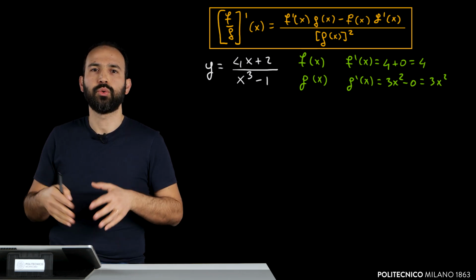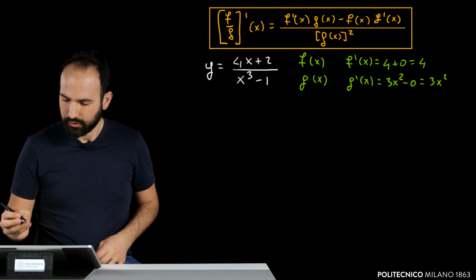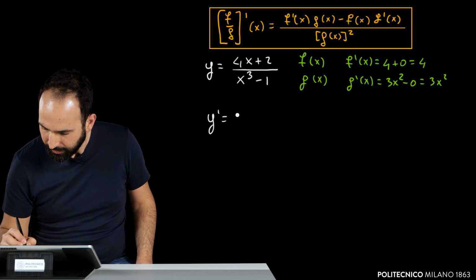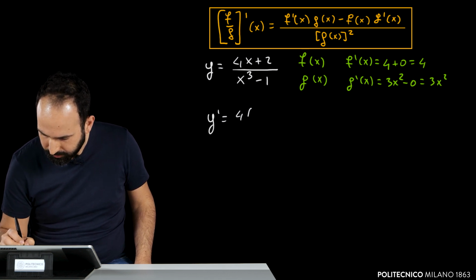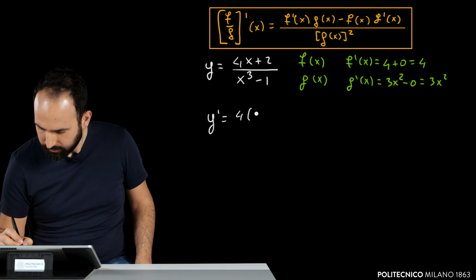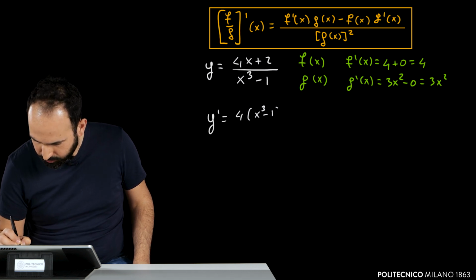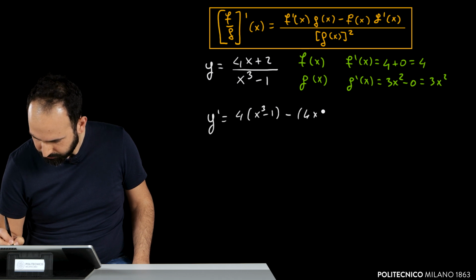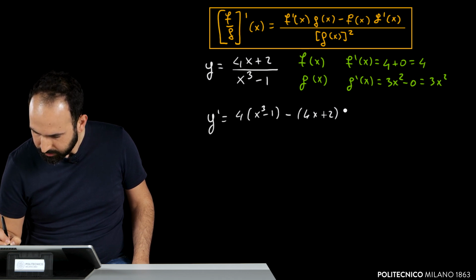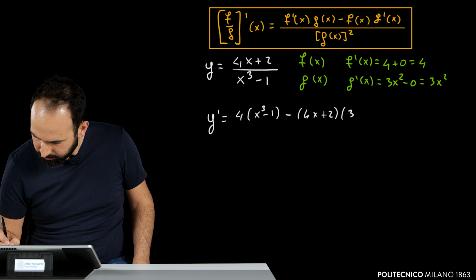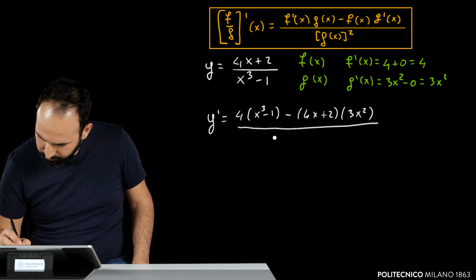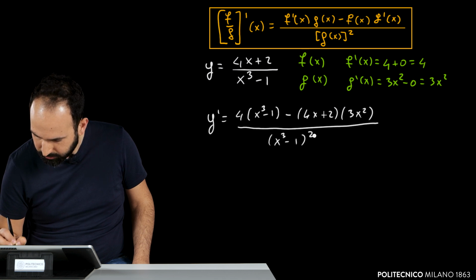Now we are ready to use the quotient rule. So y prime is equal to f prime, that is 4, times g, that is x cubed minus 1, minus f, 4x plus 2, times the derivative of g, 3x squared, divided by g, x cubed minus 1, to the power of 2.